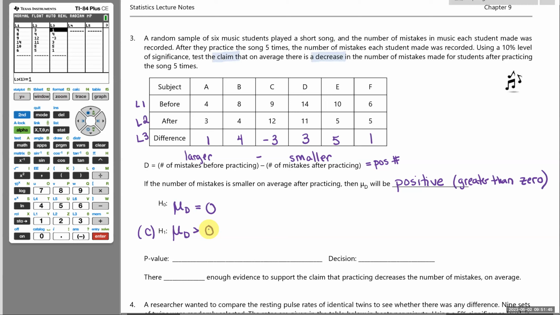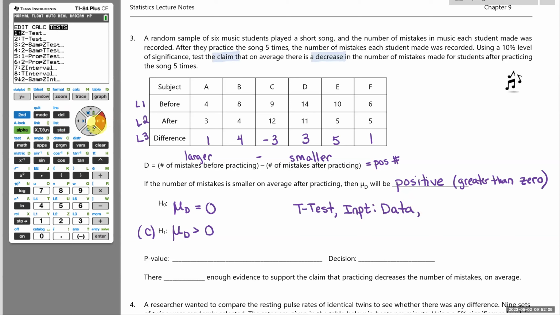And then we'll take advantage of technology and do the p-value method. So we run a regular t-test, where my input will be the data. Let's get to the calculator here. So stat tests, t-test, we switch ourselves to input data.